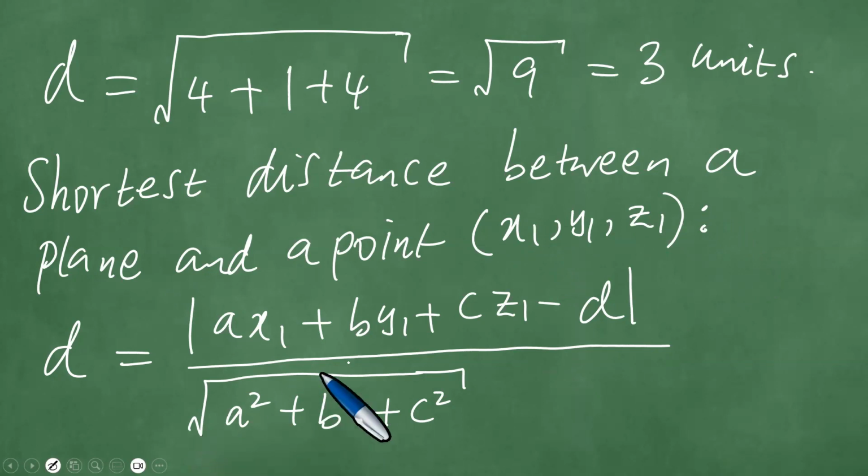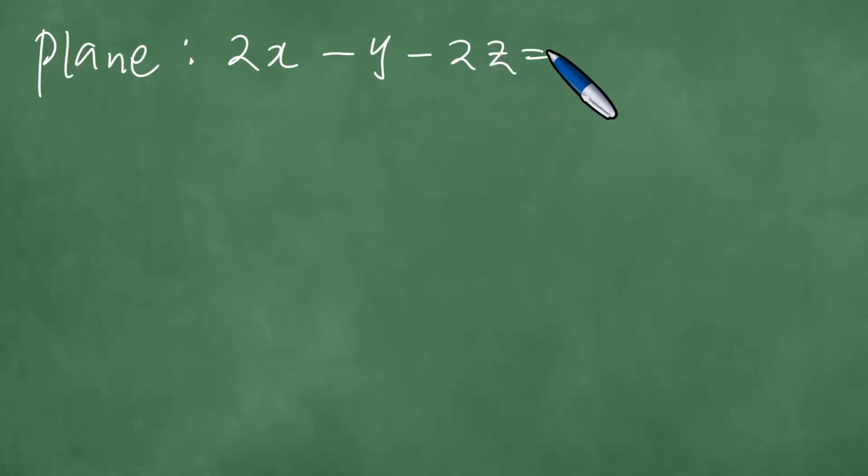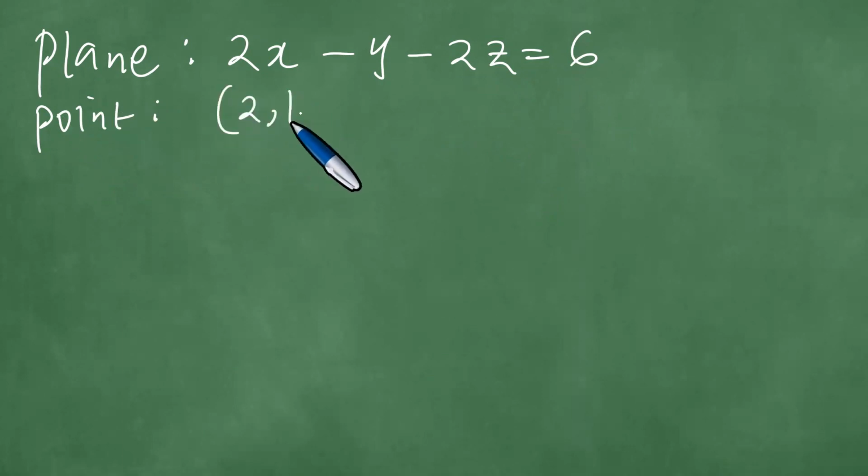Now let's proceed to answer this question here. So at this point, the plane is given by 2x minus y minus 2z is equal to 6. The point that is not on the plane is the point with coordinates 2, 1, and 3.